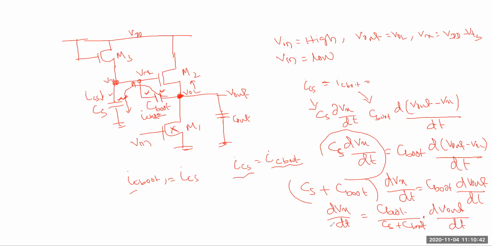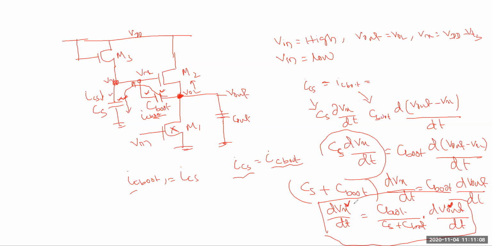Now here in this equation, you can see what we have discussed. If V out increases, the change in V out will reflect here as a change in Vx, where this is a constant part. So if this voltage changes, this voltage will change.